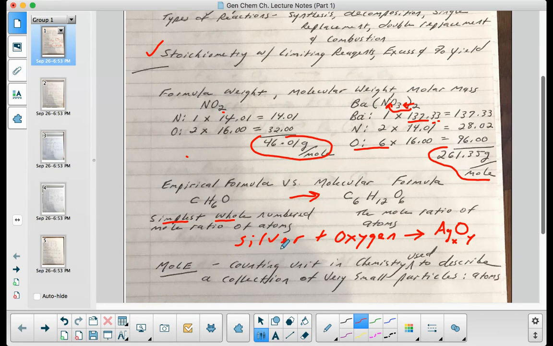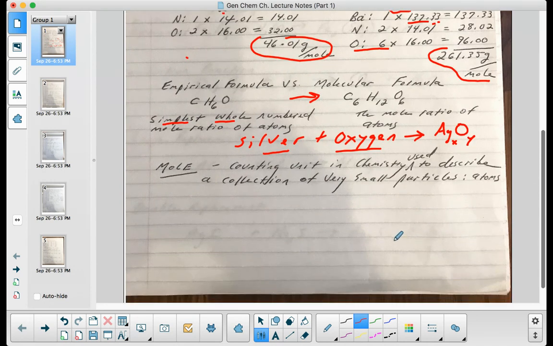And in the lab, you're going to heat the silver oxide, and actually this reaction would be the opposite of this for the lab. But you're going to heat silver oxide, and it's going to release the oxygen, and based on mass differences, you're going to figure out what portion of the molecule is silver and what portion is oxygen, or what portion of the compound.